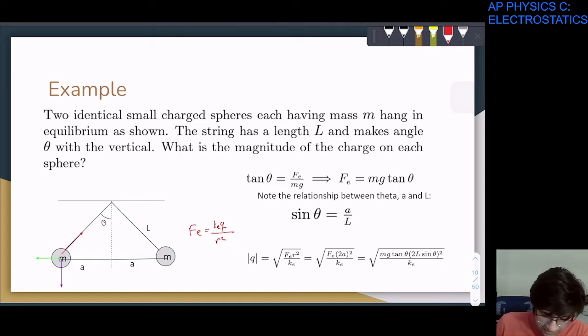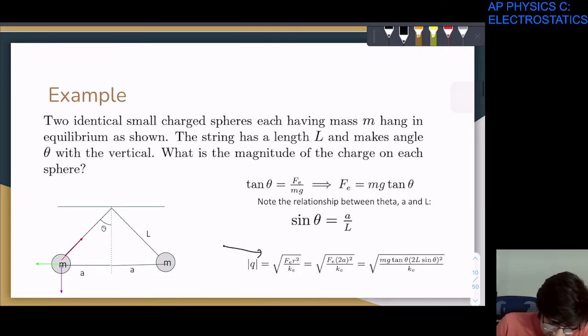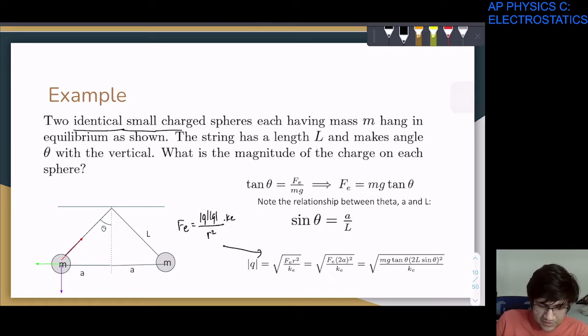Sorry, I'm skipping a few steps in the solution here. This equation over here is coming from the fact that F sub E equals Q1 Q2 over R squared times K sub E. And the Q's are both identically charged because these are two identically small charged spheres.